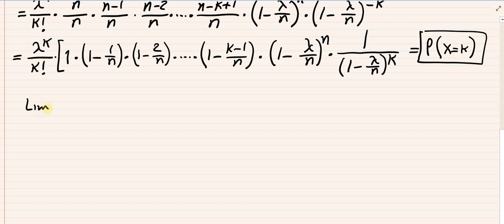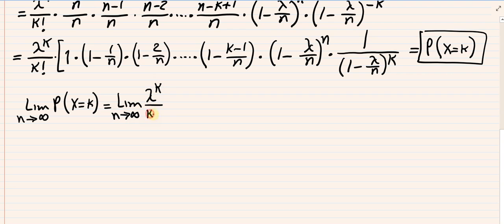Okay, so the limit as n goes to infinity of the probability x equal k is going to be the limit as n goes to infinity of lambda to the k over k factorial. Notice that expression is independent of n, times... Now, we know that the limit of a product is the product of limits.